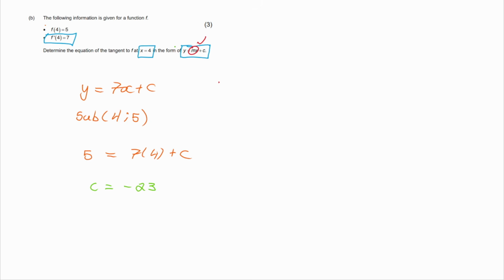Very important though, they want the equation. As I've said before in a whole bunch of other places, don't forget to rewrite this in full. They want the equation, not just the little pieces of c, they want it all together. So this is the equation of the tangent to f at x is equal to 4.